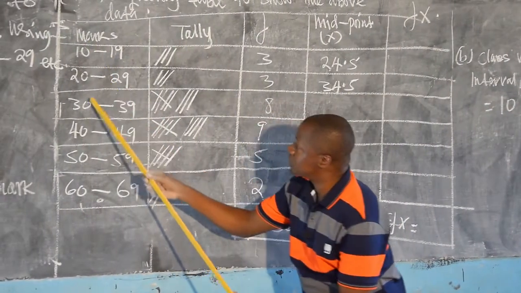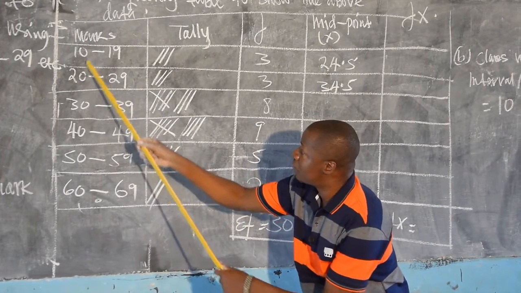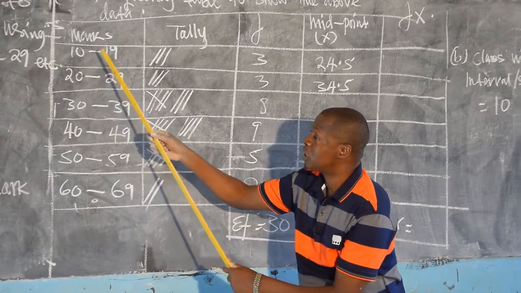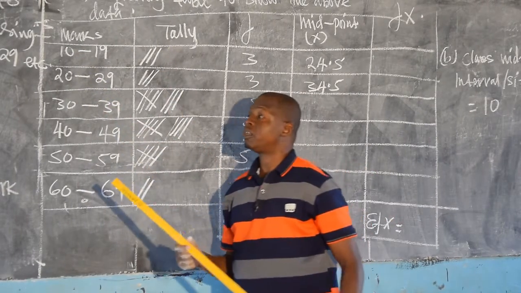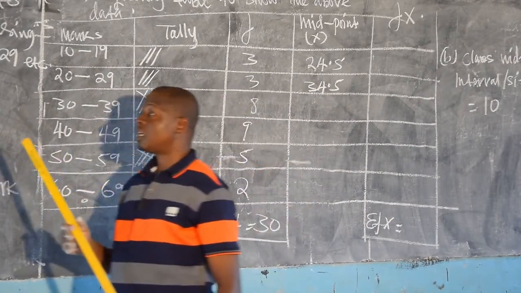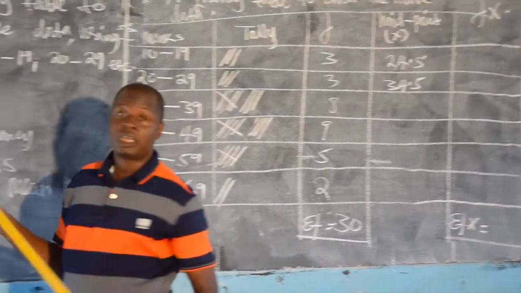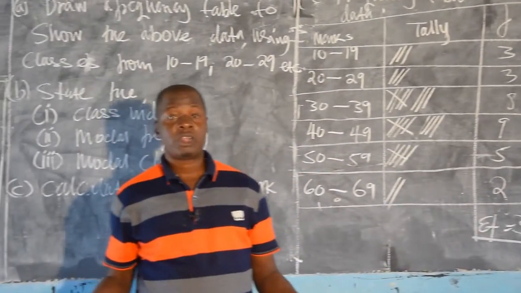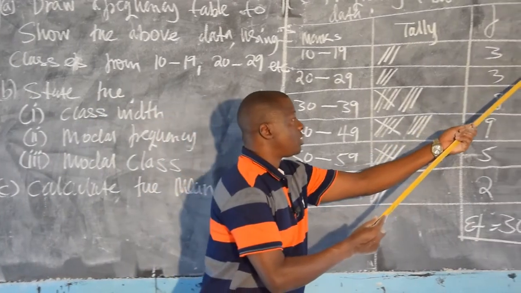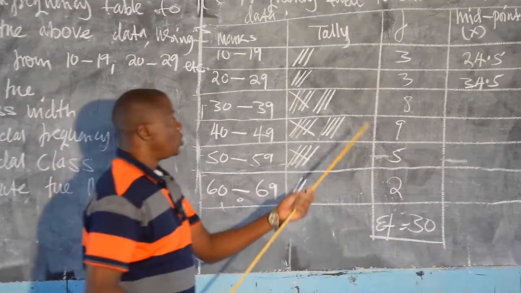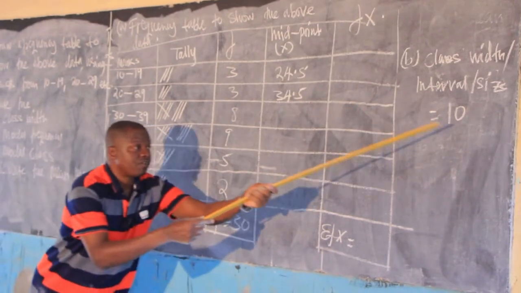When you add, which figure do we add on to 10? That is 20. Get 20 minus 10, it will give 10. The addition figure, it is the class interval or the class size. So here, we shall not waste time. After obtaining that, we add on the interval of 10.